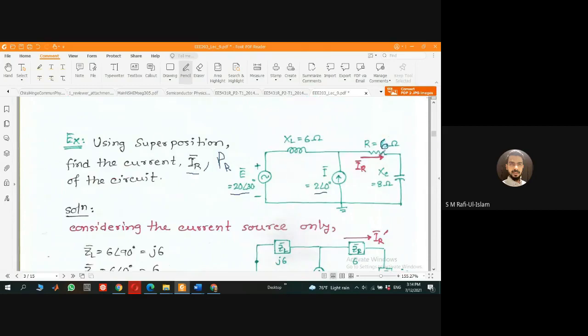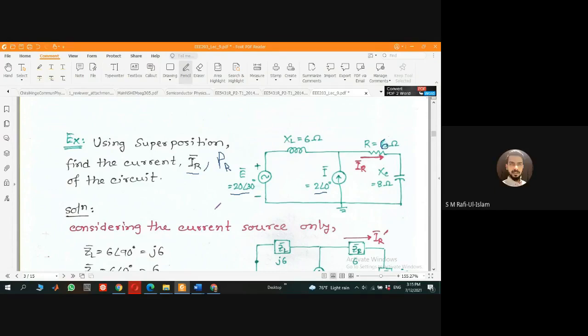If I want to calculate the current passing through this, while the circuit has 2 sources, before I move on to the solution, since all the voltage and current sources are given in phasor form, are they having the same frequency or different frequencies?